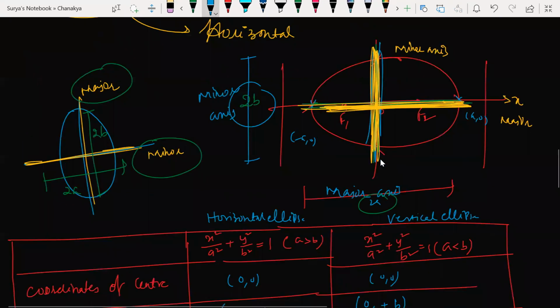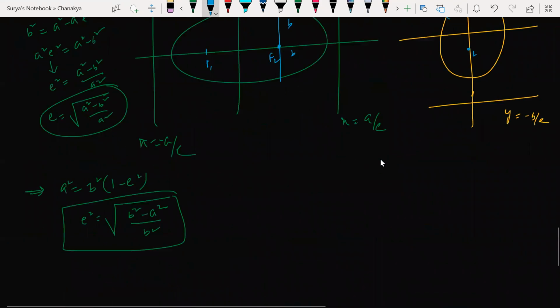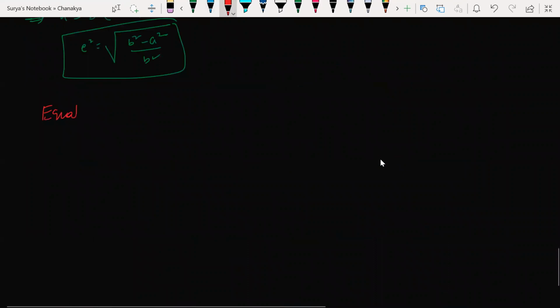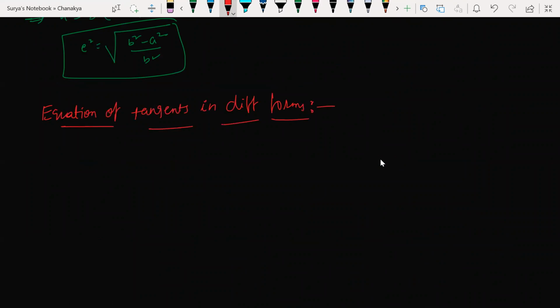We'll talk about tangent equations of the ellipse. ठीक है, equation of tangents in different forms. हाँ गाइस, यू कैन प्रूव दिस. इसमें कोई बड़ी चीज नहीं है प्रूव करने में. वेरी सिंपल. इक्वेशन ऑफ टैंजेंट कैसे डिराइव कर सकते हैं हम लोग, बताओ मुझे.